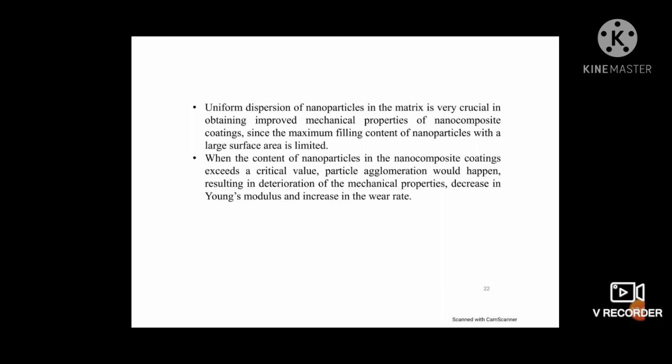When the content of nanoparticles in the nanocomposite coating exceeds a critical value, particle agglomeration happens, resulting in deterioration of the mechanical properties, a decrease in Young's modulus, and an increase in the wear rate.